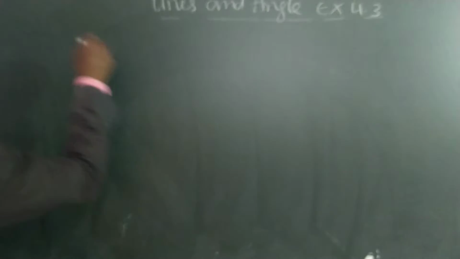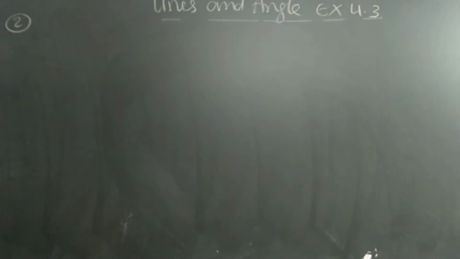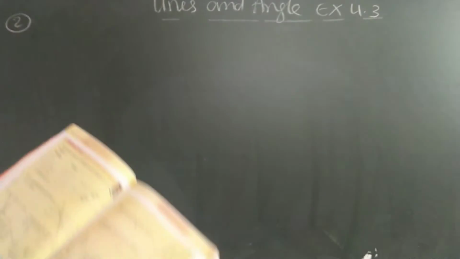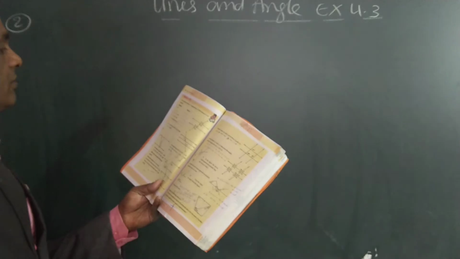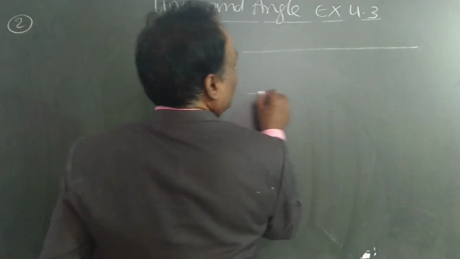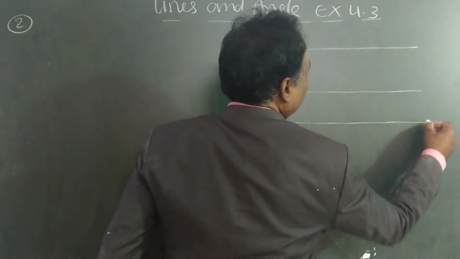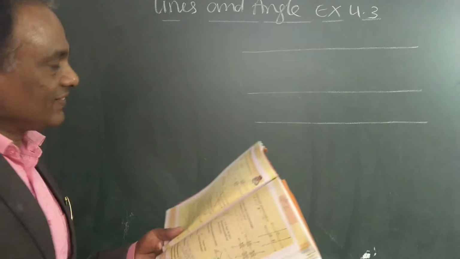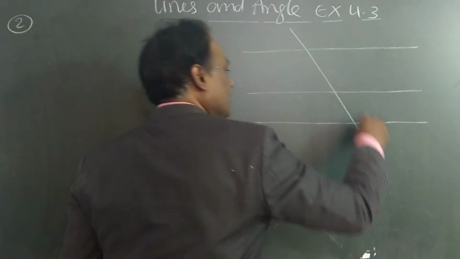The first is completed, now the second problem. See here, a figure is given with three parallel lines. This is a transversal.